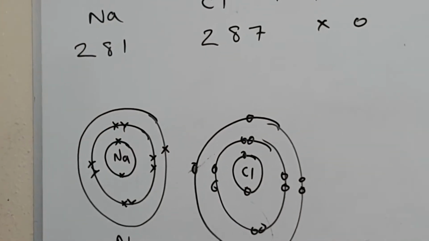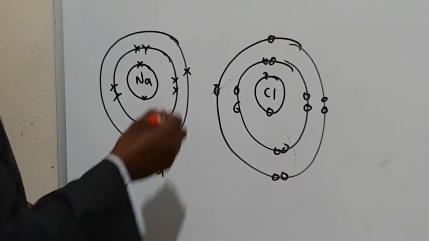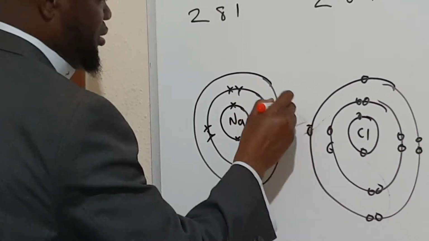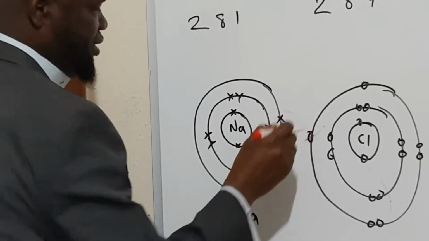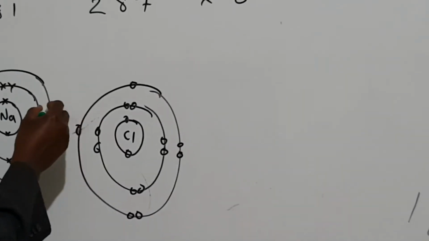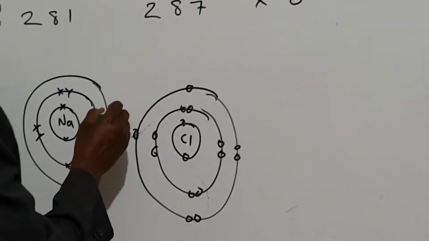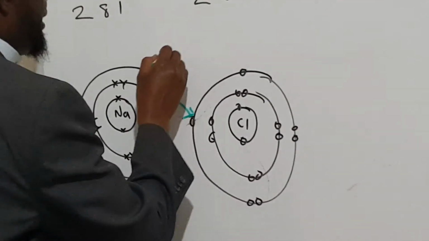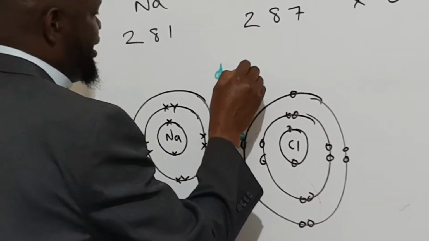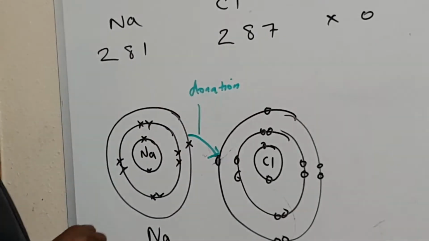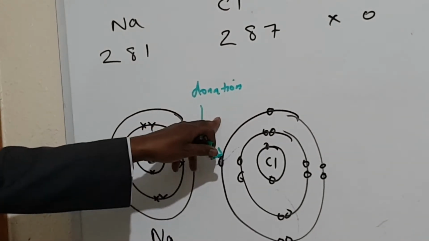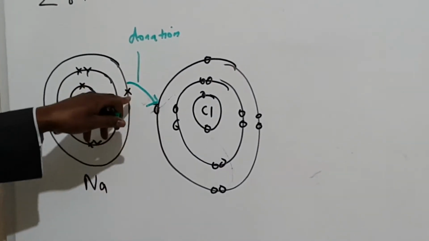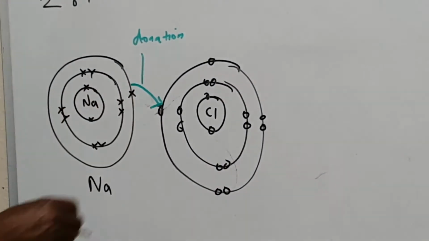So what's happening is there will be donation of this one to that. So this electron will be donated. Remember, it's donation. You don't put this in the connection, I'm just putting it there for demonstration purposes, okay? But this electron is donated here.